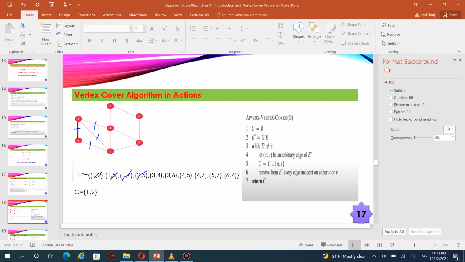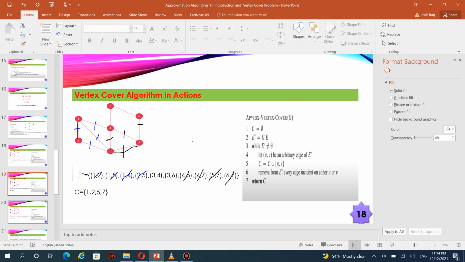While E is not null, we select an edge U, V, here 1, 2, and add this edge UV to our solution. This is step 5. After that, we remove any edge incident to either U or V, either 1 or 2. We repeat until E is null, and then we get our solution.